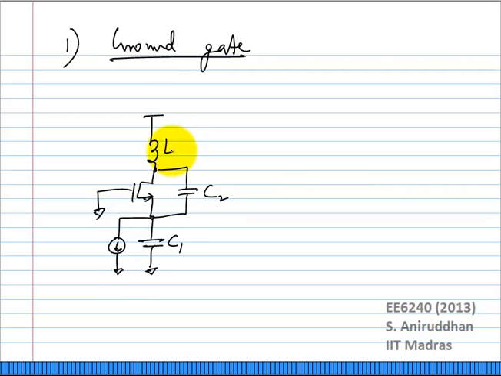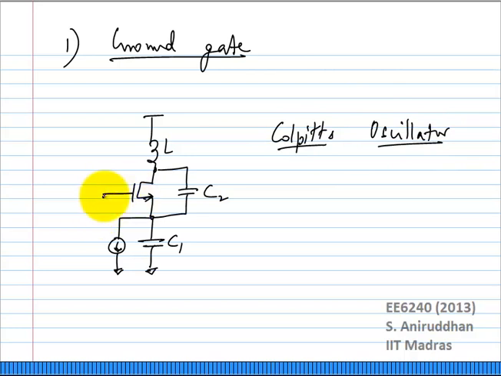The circuit will oscillate, and this particular circuit is actually a very popular circuit. It's called the Colpitts oscillator. Yes, that's right, I didn't talk about that. You have to apply some VB here. Absolutely, you have to bias the gate also.